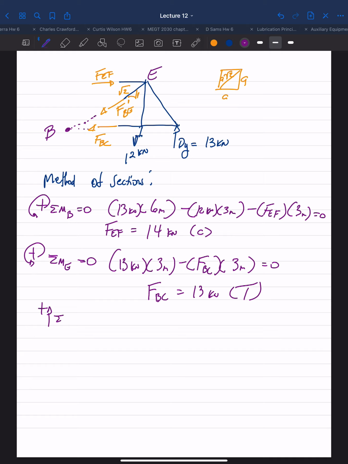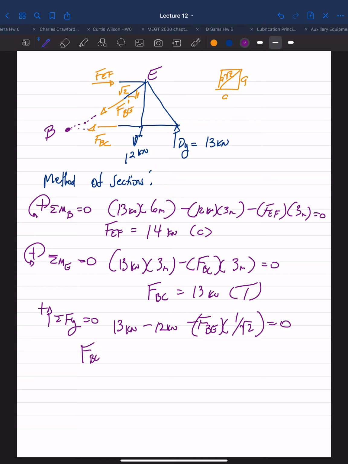I take some of my forces in the y direction equal to 0. I have dy, which is 13 kilonewtons minus 12 kilonewtons minus FBE times the y component, which is 1 over the square root of 2, equal to 0.